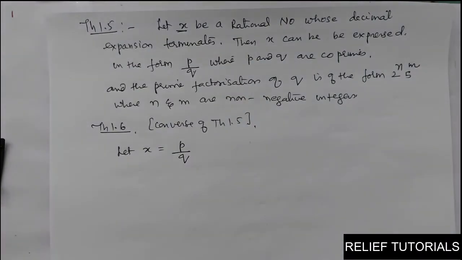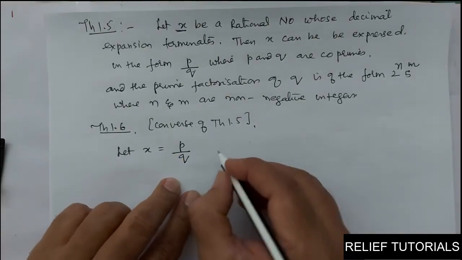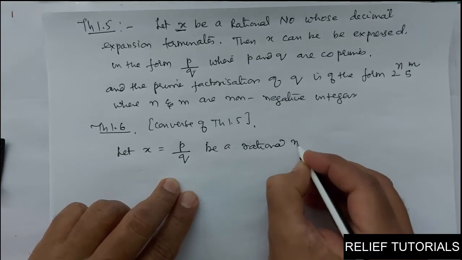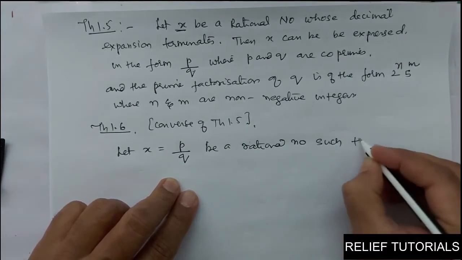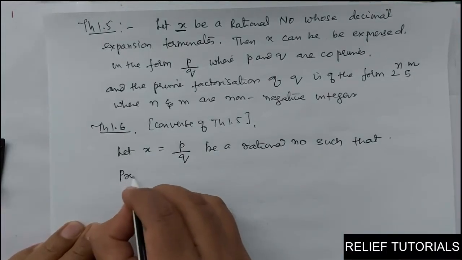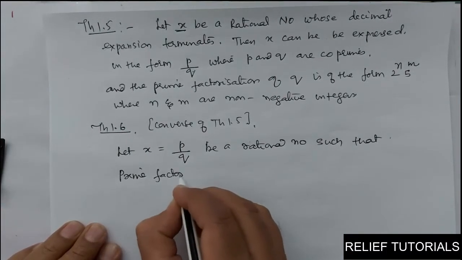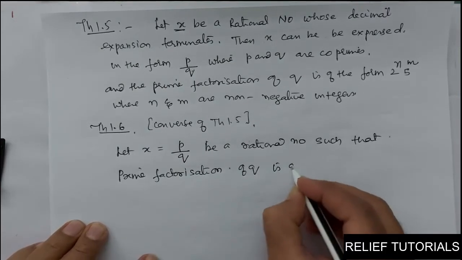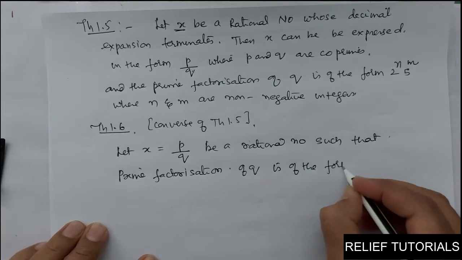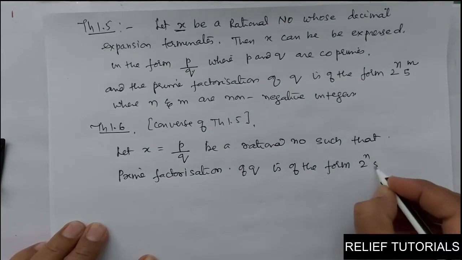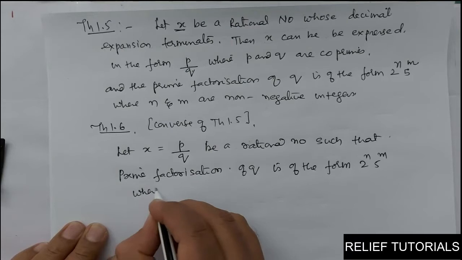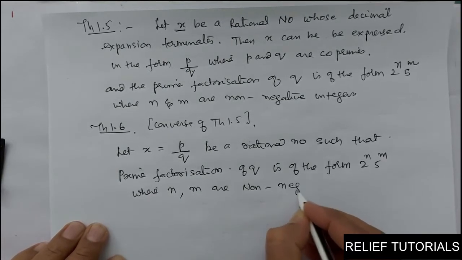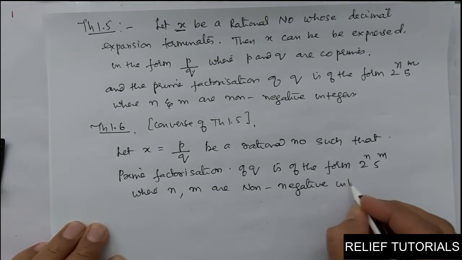Clear? So I can write: let x equal p by q be a rational number such that the prime factorization of the denominator q is of the form 2 raised to n, 5 raised to m, where n and m are non-negative integers.